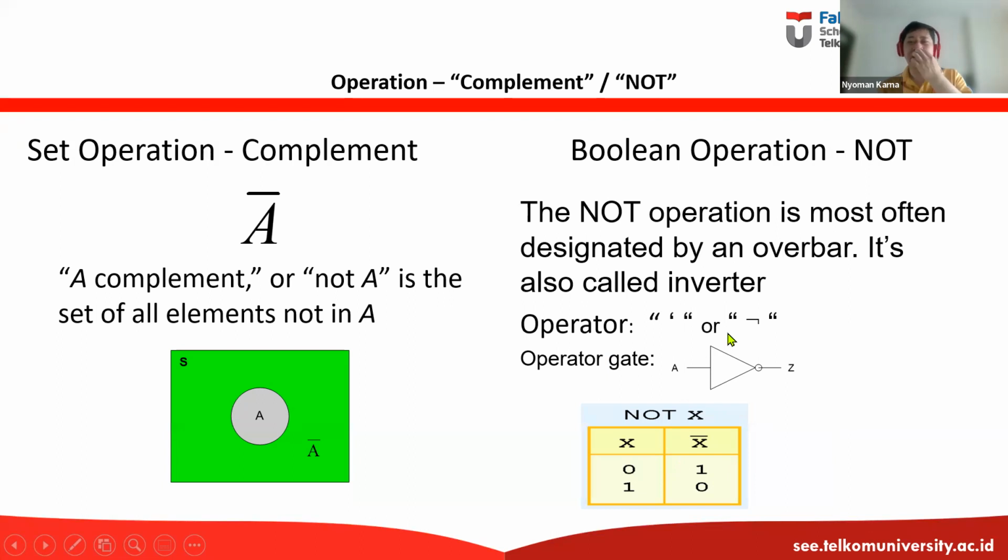Just keep in mind that a logic gate is not a component, it's a function. It's basically built from several transistors that create a specific function like inverter, AND, OR, NAND, NOR, and so on.